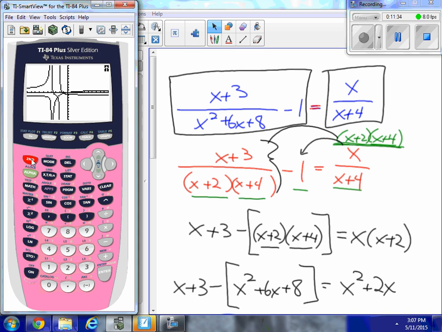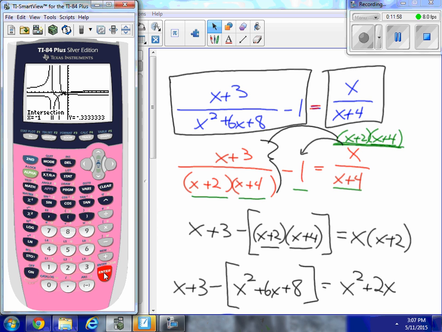I'm going to go second, calc, intersect, 5. And I'm going to find my first intersection, which looks like it's somewhere between negative 2 and negative 3. I have my first curve there, my second curve there, I'm going to make a guess, no. And I find that my first intersection indeed is x equals negative 1.